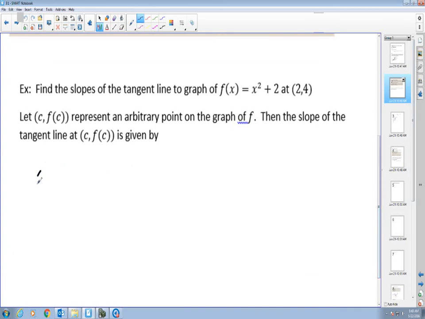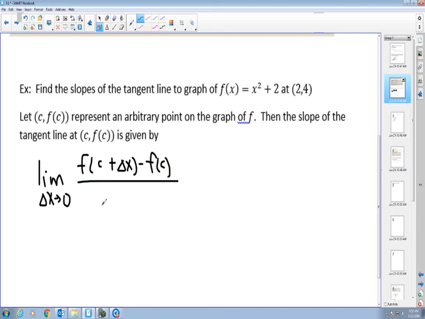If I use the formula, the limit as delta x approaches 0 of f of c plus delta x minus f of c, over delta of x, eventually the limit will become the slope of the tangent line.